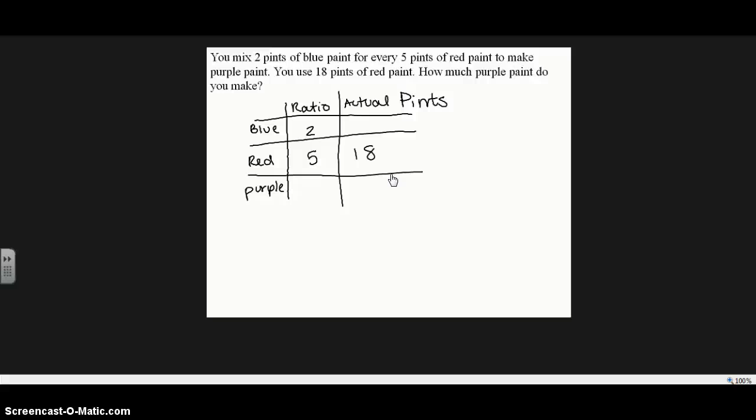Add the ratio to find purple. Because you only need to know how much purple paint you make, you do not need this box. You find the multiplier from ratio to actual pints to be 18/5. Multiply 7 by 18/5. You will make 25 2/10 pints of purple paint.